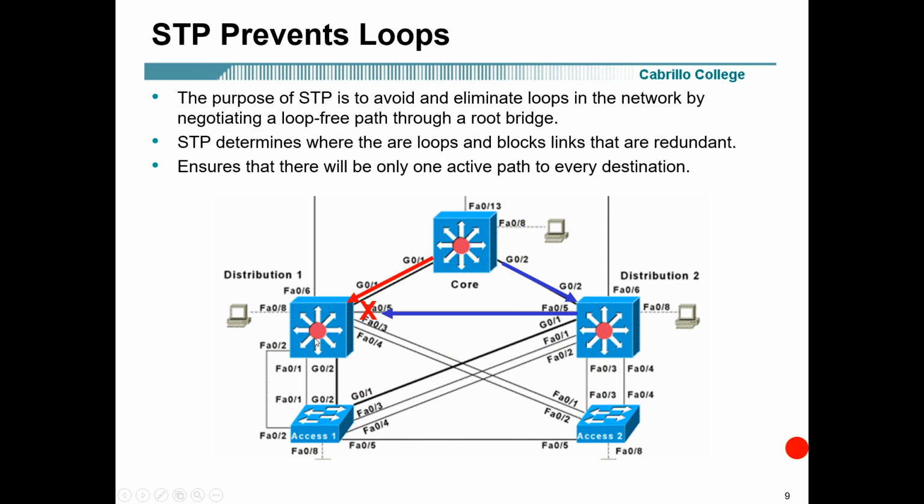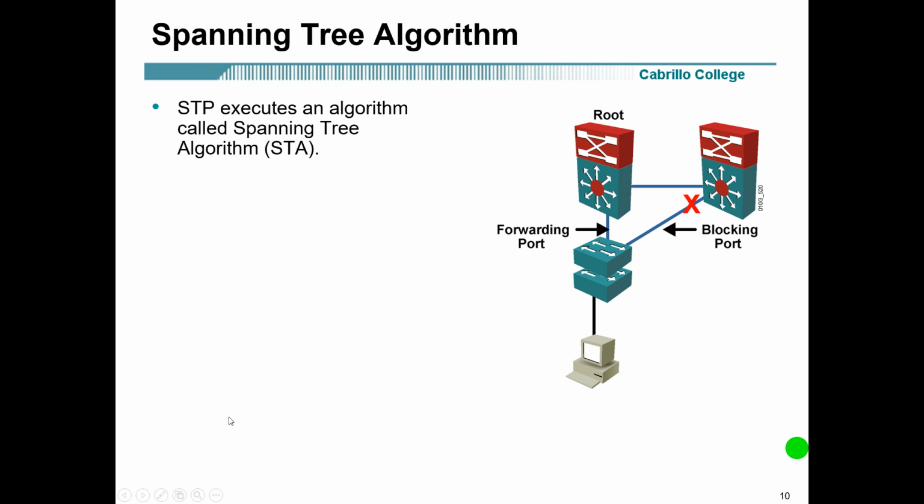So from this switch to this switch, it's going to use this link right here, and it's going to disable this path here. Though someone could argue, what about this path this way? That's coming up.